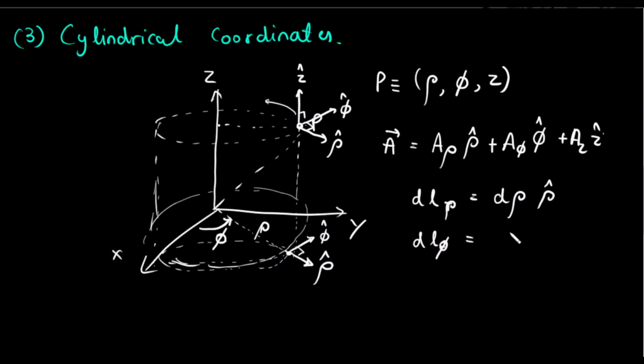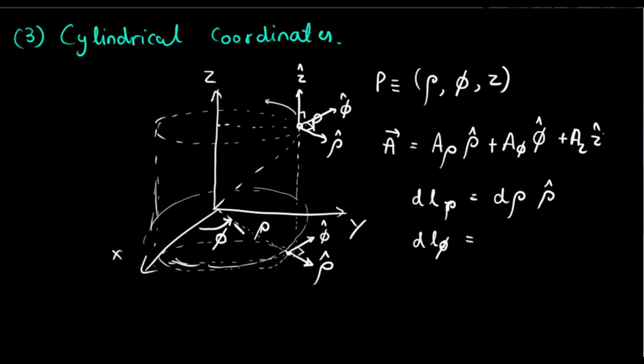So dl psi can be written as, so this angle will be changed a little bit. For example, let's say that it is changing by d psi, a little angle is changed like d psi.